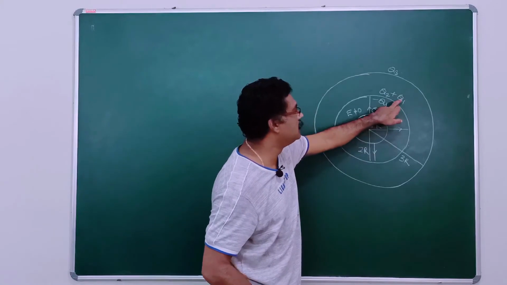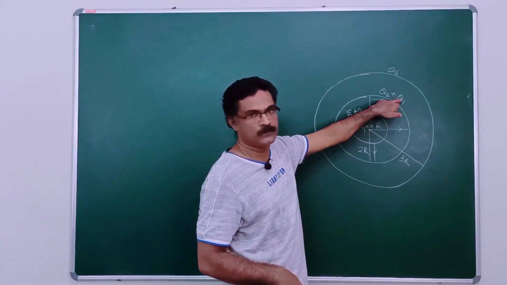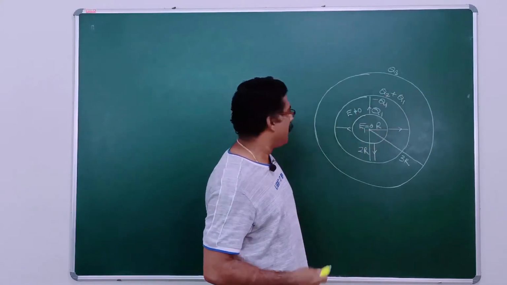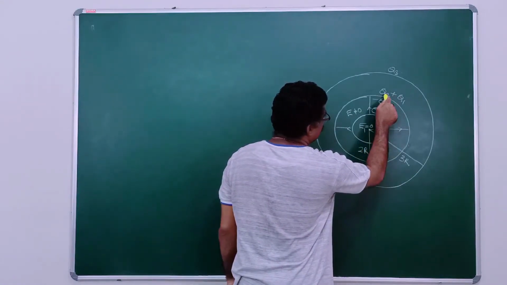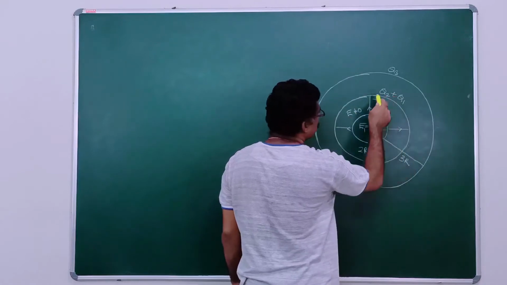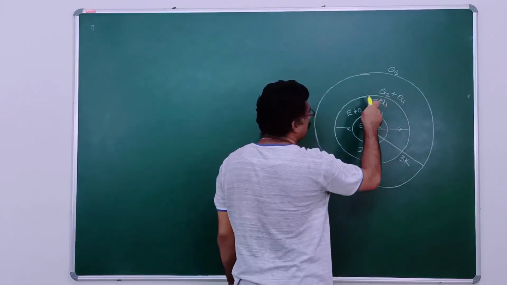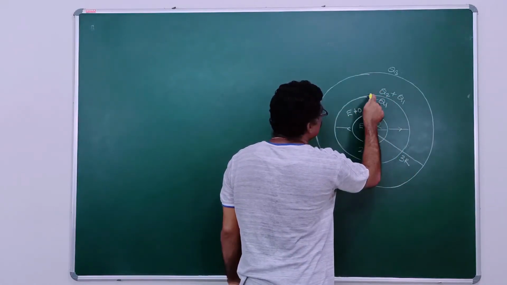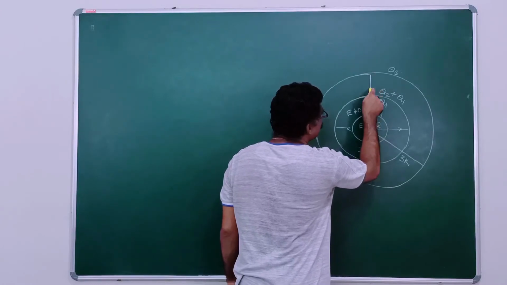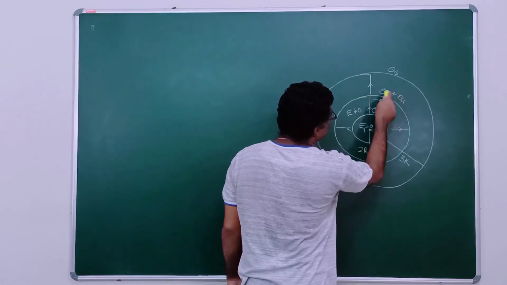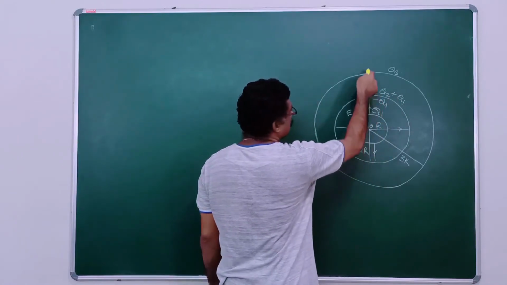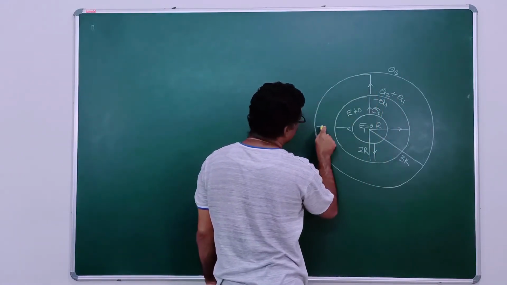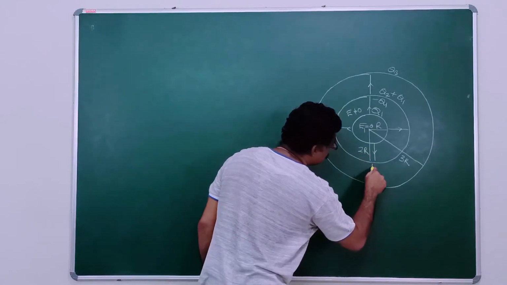This Q1 is the induced charge. You got it? And again, this spherical shell produces an electric field, and if the sum is positive, that electric field is also radially outward, like this.